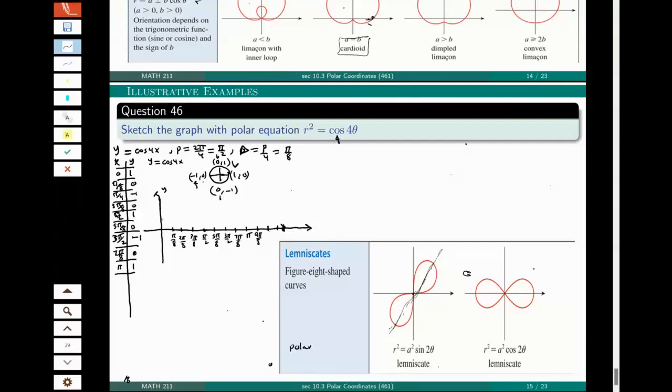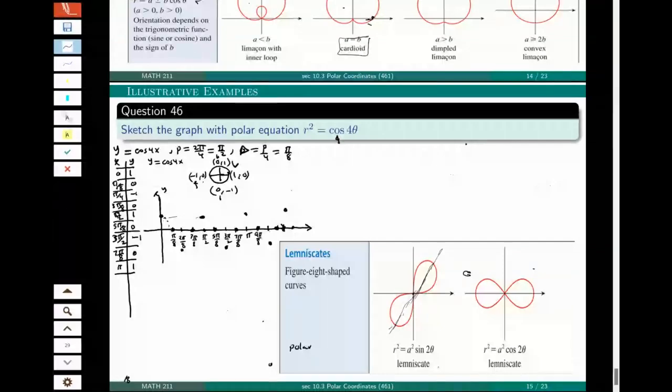Okay, so at 0 it's 1. At pi over 8 it is 0. Then minus 1, 0. Then it will be 1, then 0, then minus 1, 0, then 1, and so on.